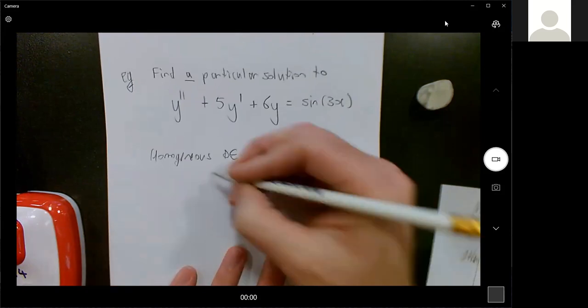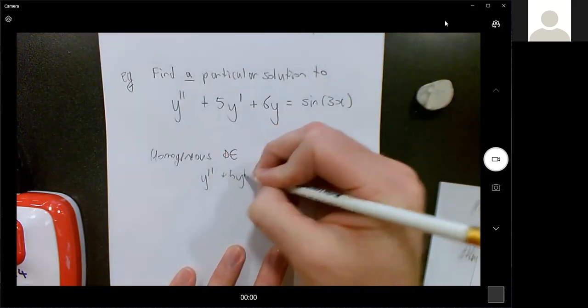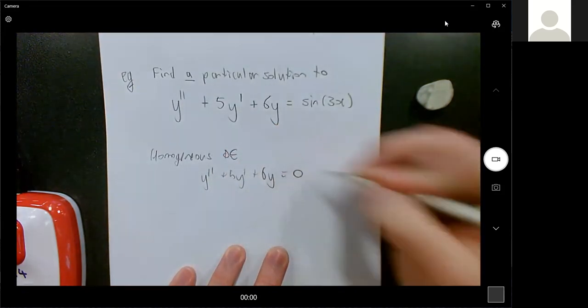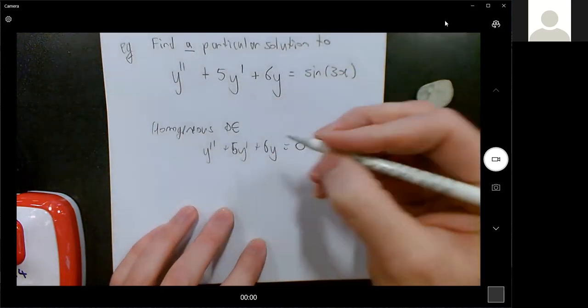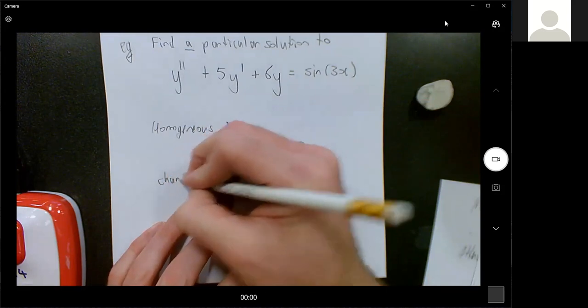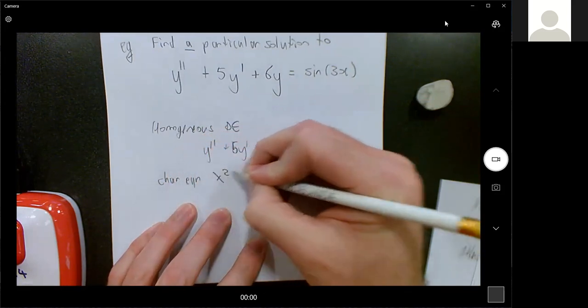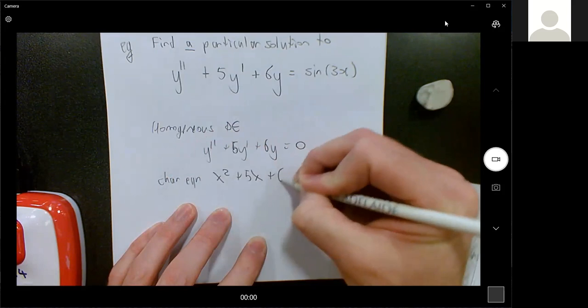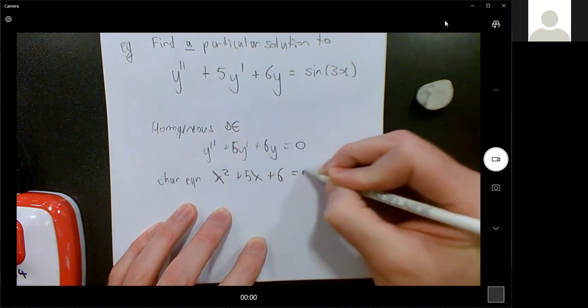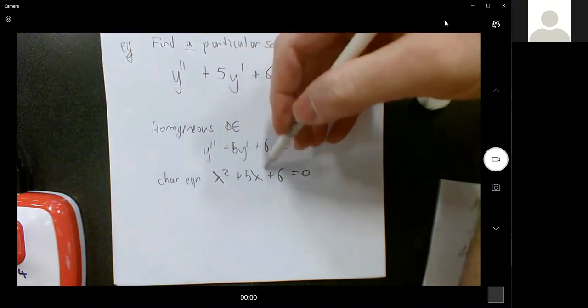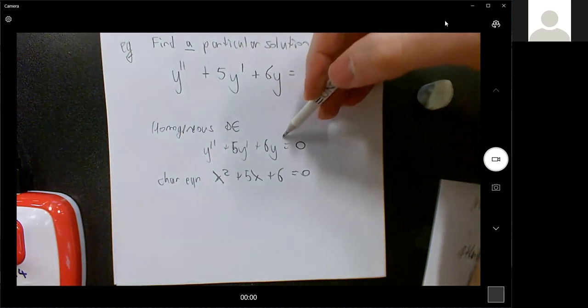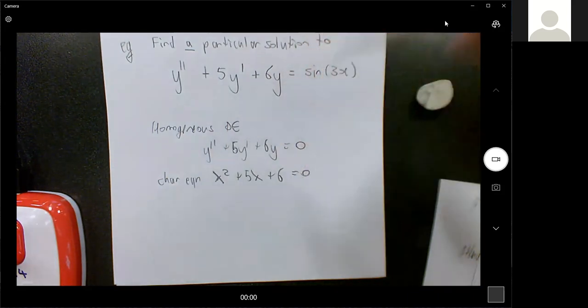So the homogeneous DE is this. And its characteristic equation is lambda squared plus 5 lambda plus 6. So you do the move of replacing the double derivative with a squared and the single derivative with a power of 1 and the no derivatives with no lambda.